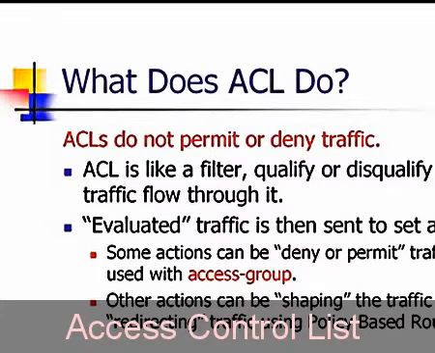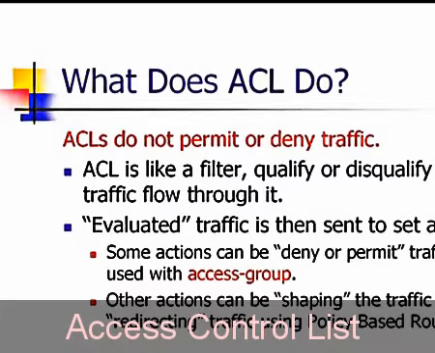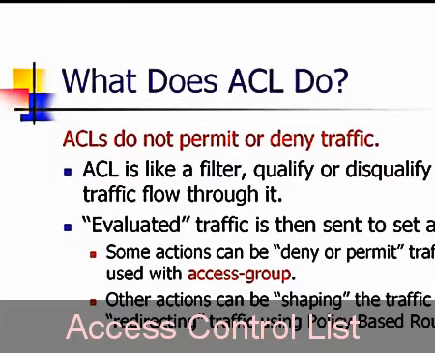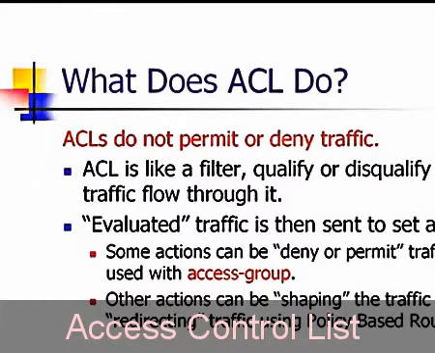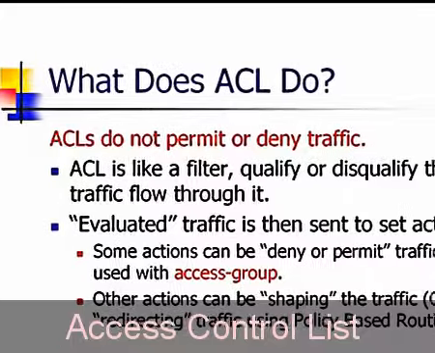An access list is like a filter. It qualifies or disqualifies the traffic flowing through it. The evaluated traffic is then sent to set actions. Some actions can be deny or permit traffic when used with access group. Other actions can be shaping the traffic, like quality of service, or redirecting the traffic using policy-based routing.